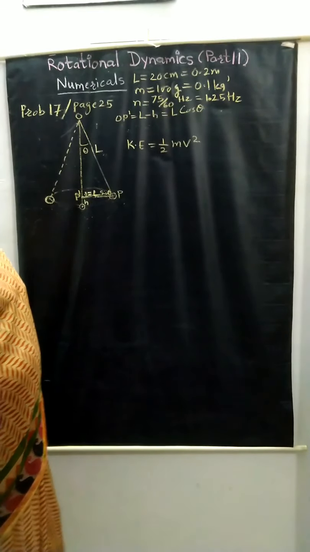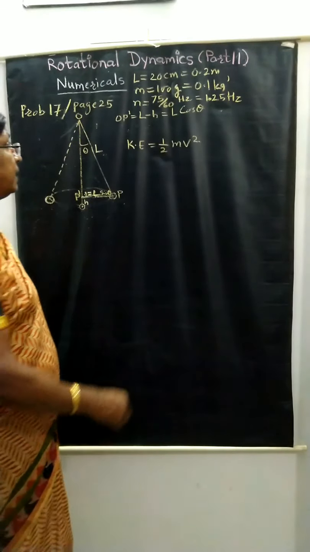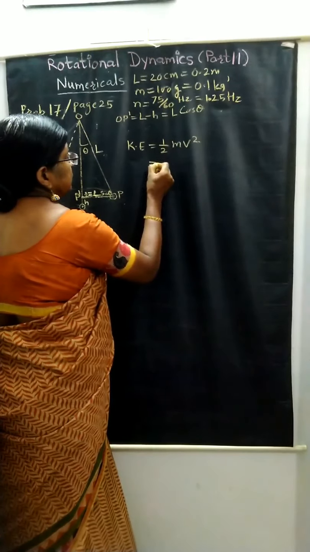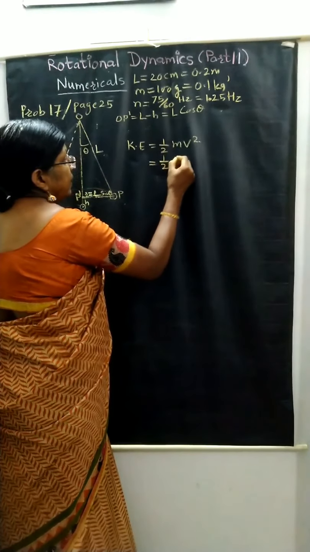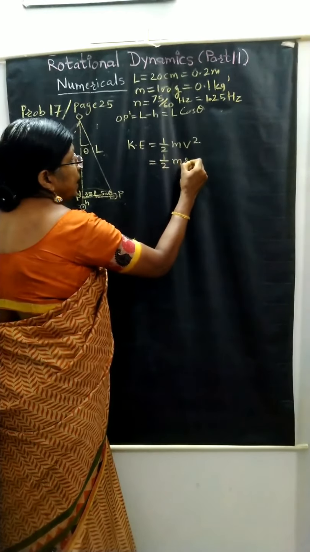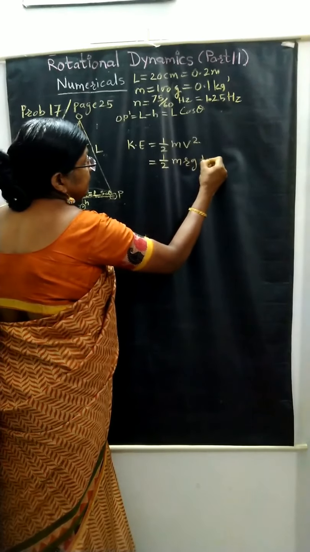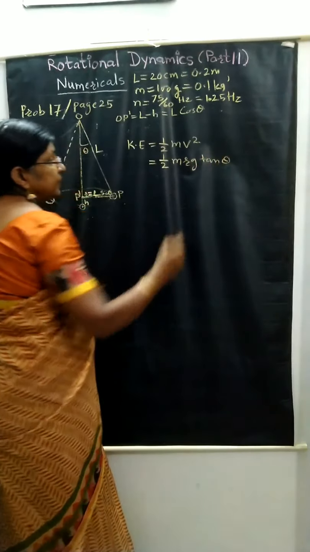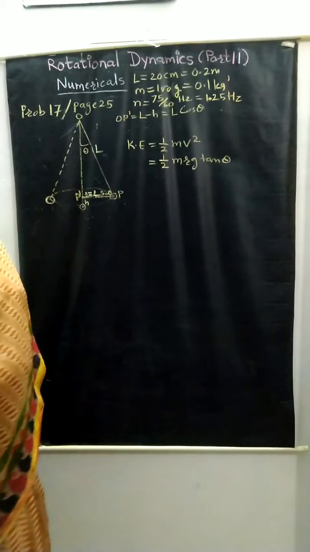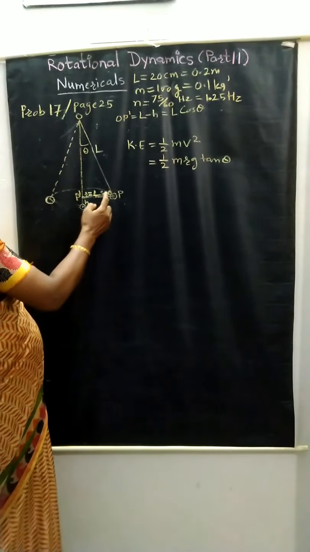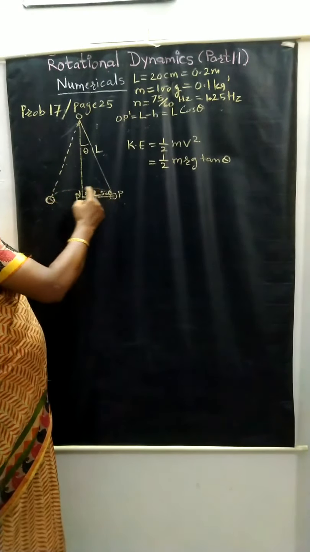So v square will be r g tan theta. So kinetic energy will be half m into r g tan theta. Now what is this r? R is the radius of the circular path of the bob.